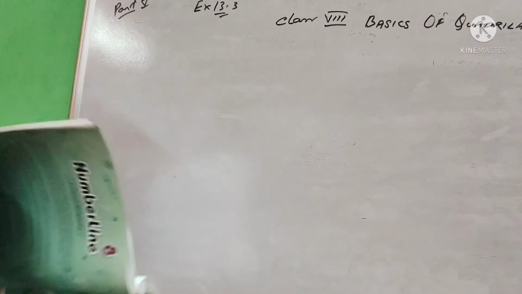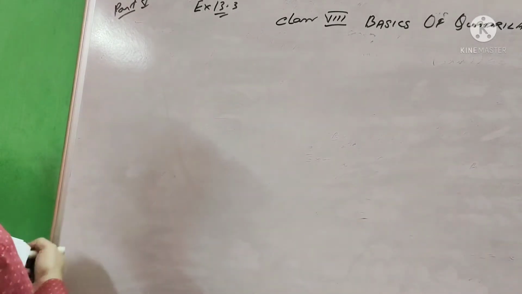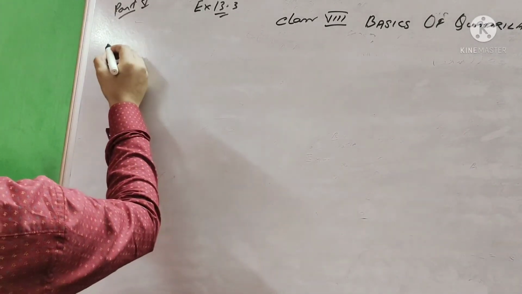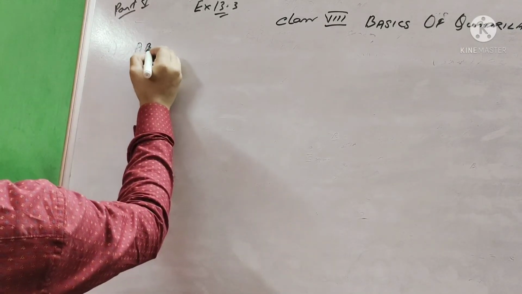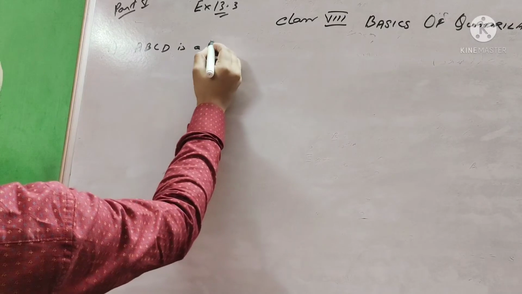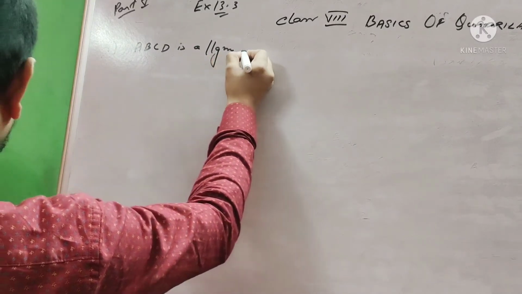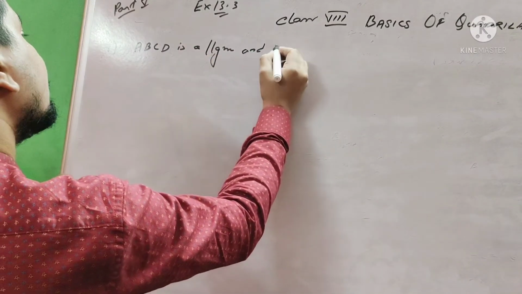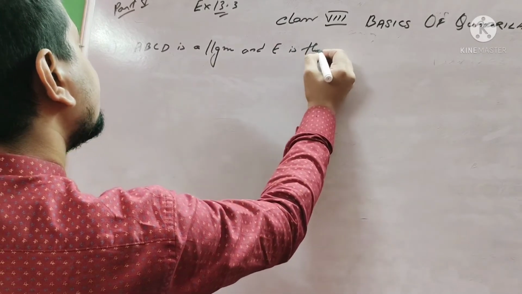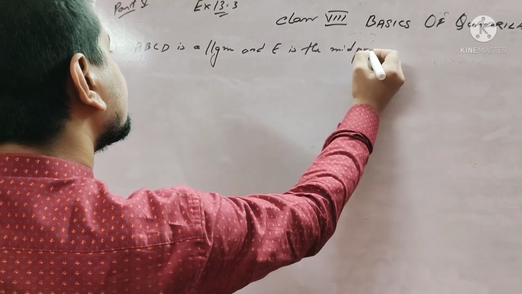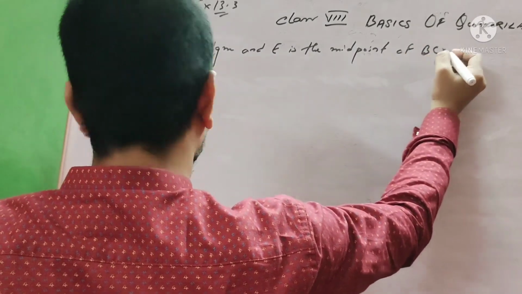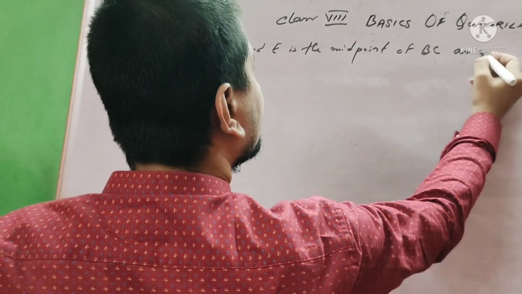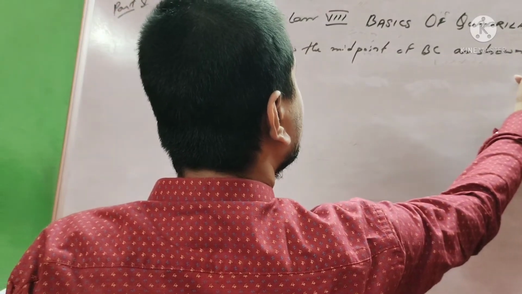Question number 9. In question number 9, ABCD is a parallelogram and E is the midpoint of BC, as shown in the figure.